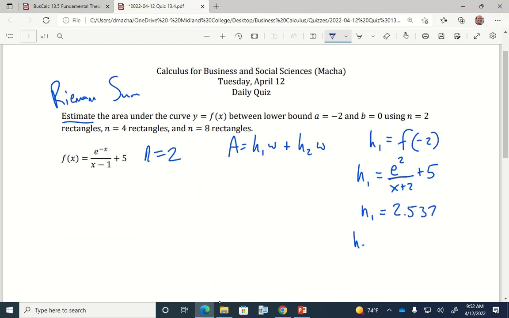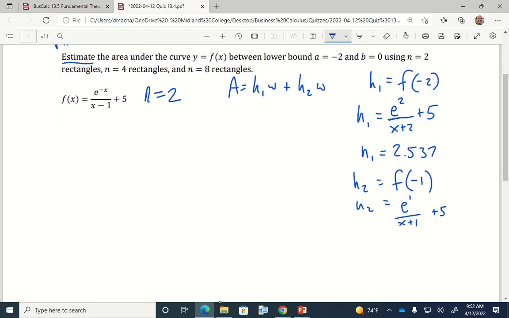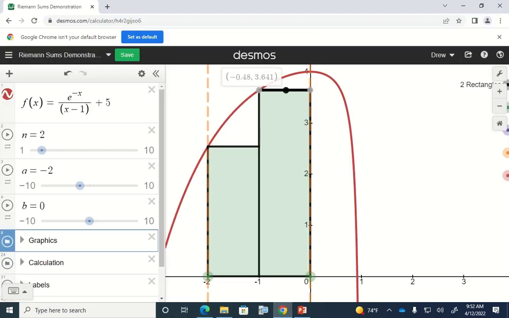And the height of the second rectangle should be your function evaluated at -1, and that's going to be e to the power -1, so e to the 1 power, divided by x minus -1, so x plus 1, plus 5. So the height of the second rectangle should be 3.641.